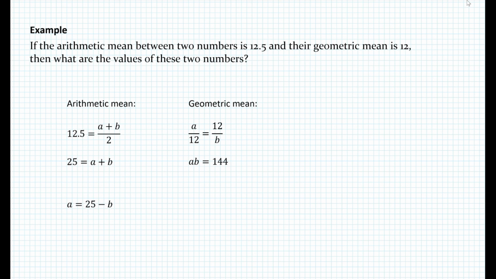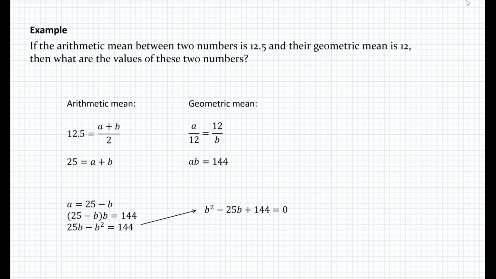Once we solve for a, we substitute it into the second equation to obtain that 25 minus b, that quantity times b, is equal to 144. That becomes 25b minus b squared is equal to 144. And we end up with a quadratic equation in the form of b squared minus 25b plus 144 is equal to 0. Now let's factor this.